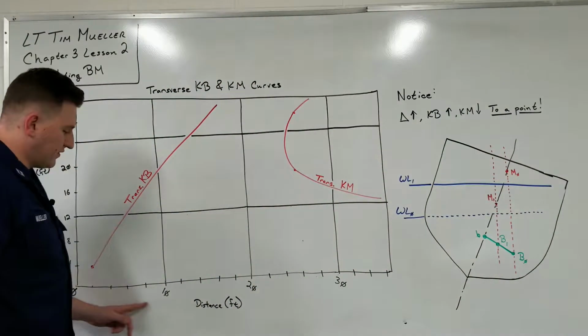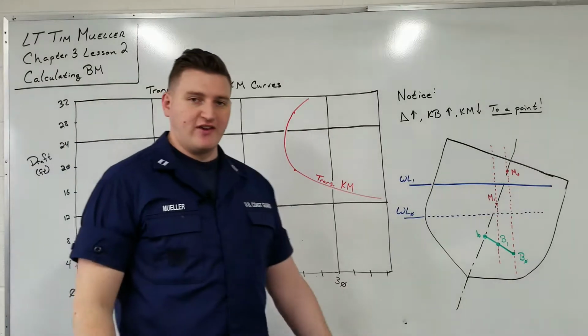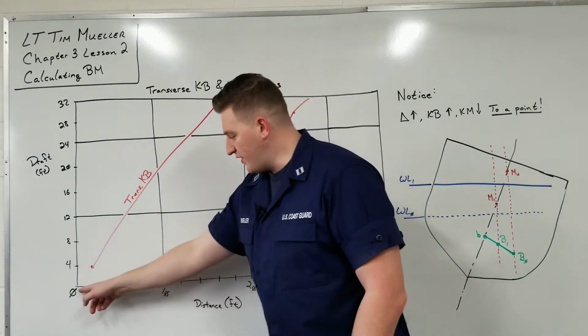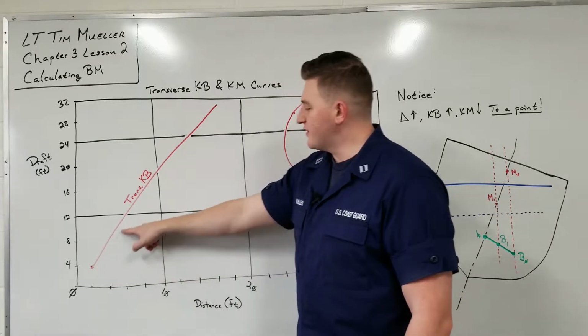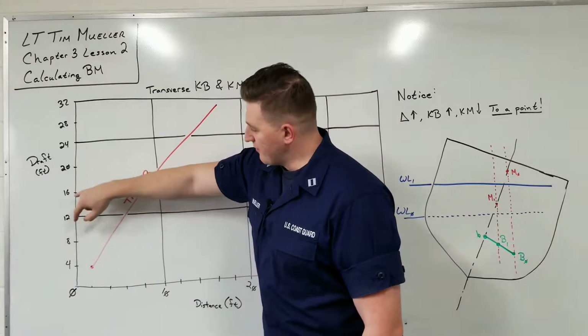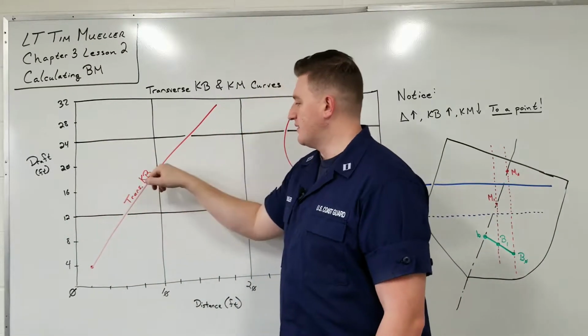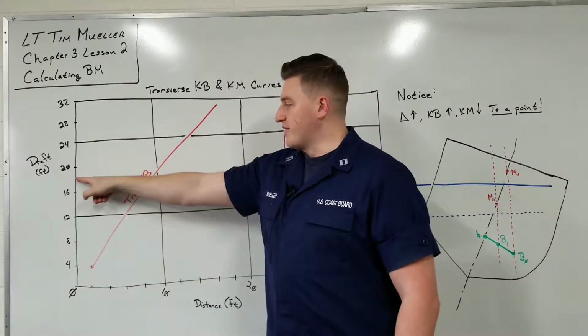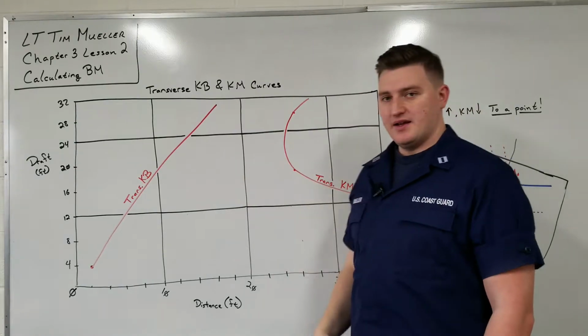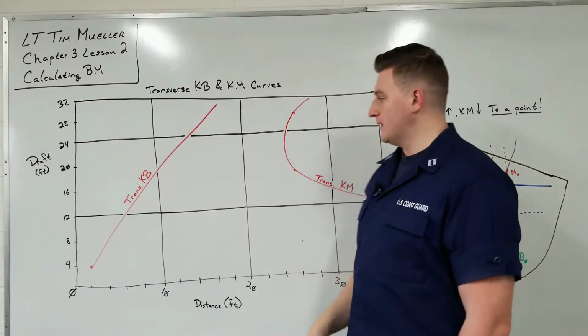Down on the horizontal axis, this is the distance in feet. So you can basically think of this right here as our keel. Then this distance here from this line to this line is going to be our KB, and then from this line to this line is going to be our KM.